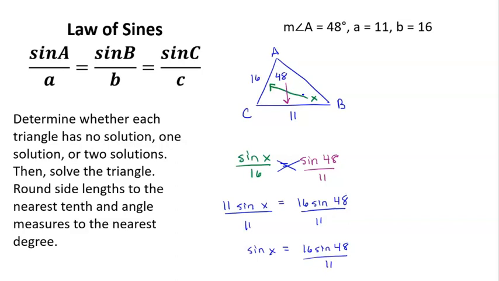From here, you can guess that we're going to do the inverse sine on both sides to get rid of that sine in the front. And so we're going to end up with x equals the inverse sine of that fraction, so 16 sine 48 over 11. And so now we're going to put that into our calculator.